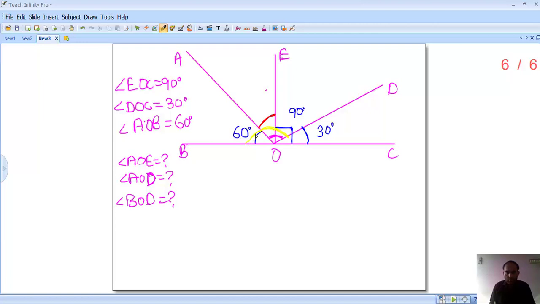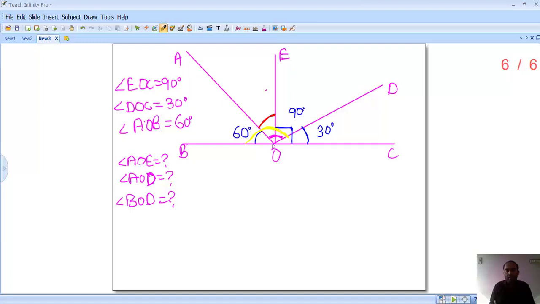We don't know angle AOD, and AOB we know, that is 60 degree. So first of all, one by one find out the angles and solve this question.